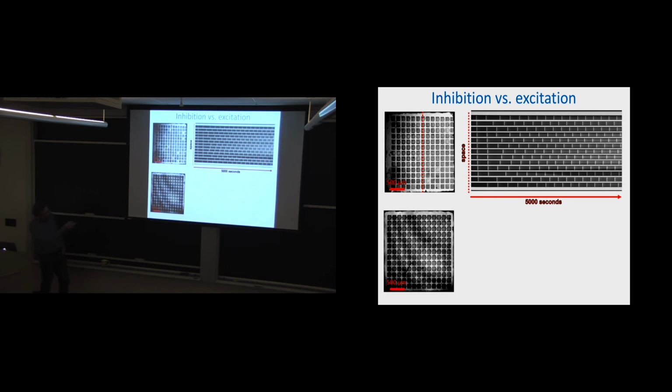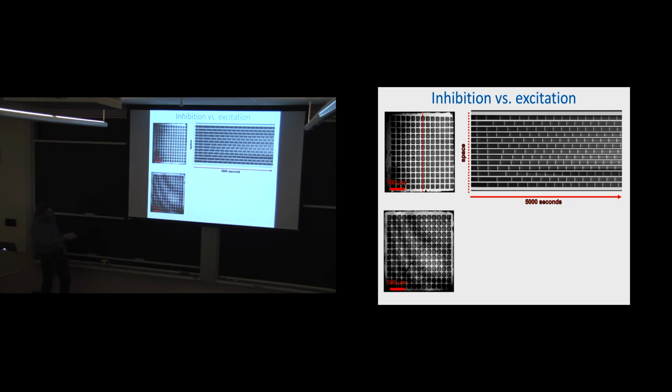This red line here, we're digitizing the light intensity along it and plotting it as a function of time in the space-time plot. So the spatial history of this one well is here, and the spatial history of this well is here. After a while, they get 180 degrees out of phase. When this guy oscillates, the two neighbors are 180 degrees out of phase. When this guy oscillates, its neighbors are out of phase.